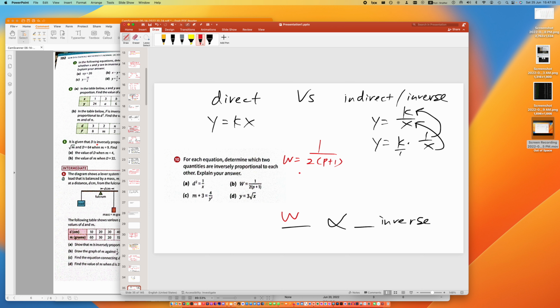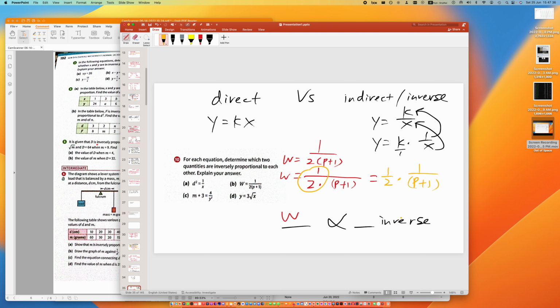Okay, first thing first, can you see that the 1 on top is 1, but below you can split to half times p plus 1, right? Can you see that you can split the denominator to 2 times this one? Once you do this, half is here, and then this one is 1 over p plus 1.